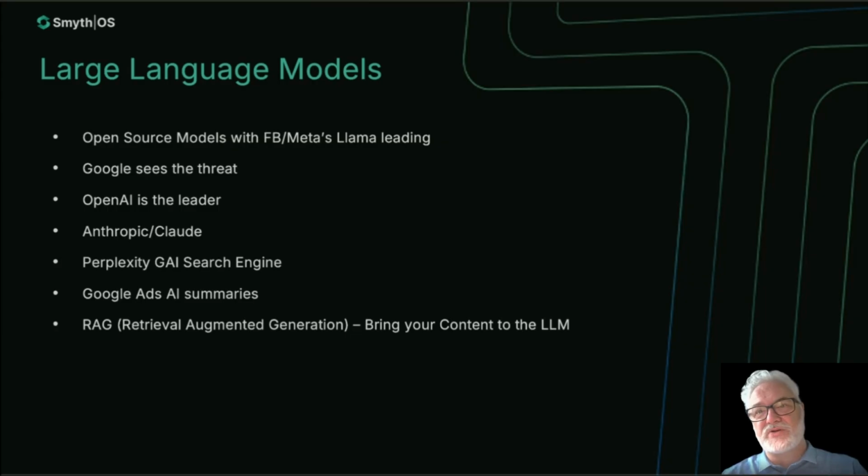I hesitate to call it open source, but open models in particular were a real threat to Google because they have the ability to progress much better and much faster because of their exposure, whereas Google had a kind of walled garden. So Google saw this threat, and a lot of what you're seeing, even in current advertising, is really Google's response to this, including things like the AI summaries in search results.